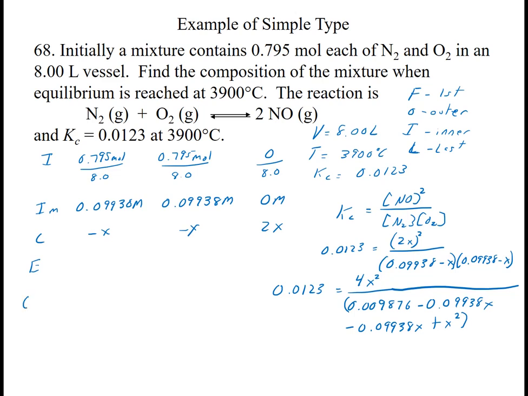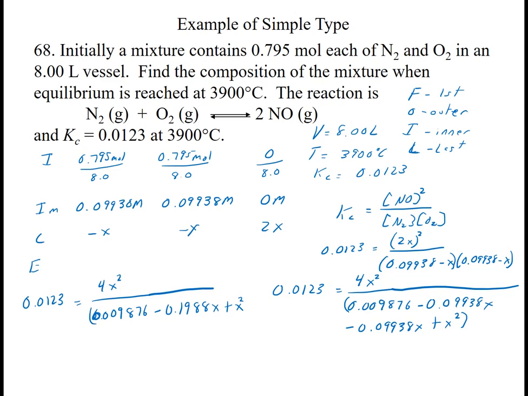So what I get is 0.0123 is equal to 4x squared over 0.009876 minus 0.1988x plus x squared.